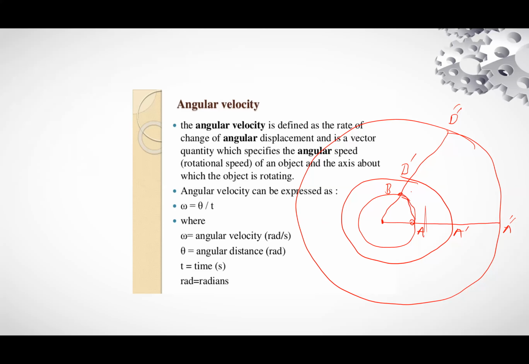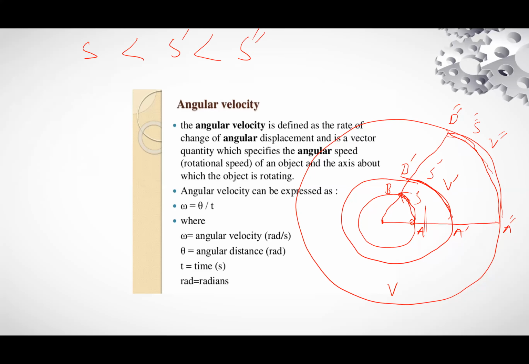Here linear velocity is V, here linear velocity is V prime, and here linear velocity is V double prime. Here linear displacement is S prime, S double prime. Here linear displacement is more, here it is less. So S is less than S prime is less than S double prime.